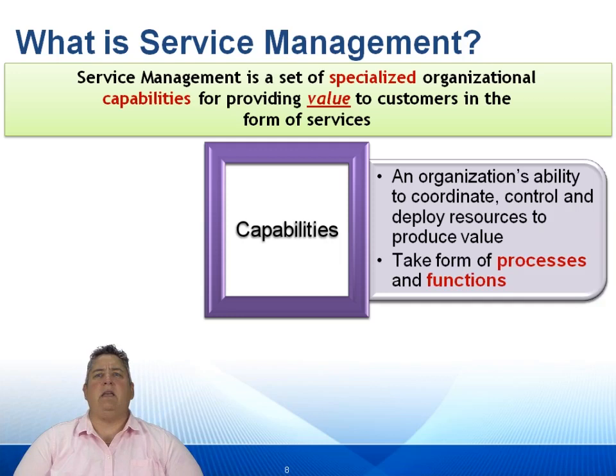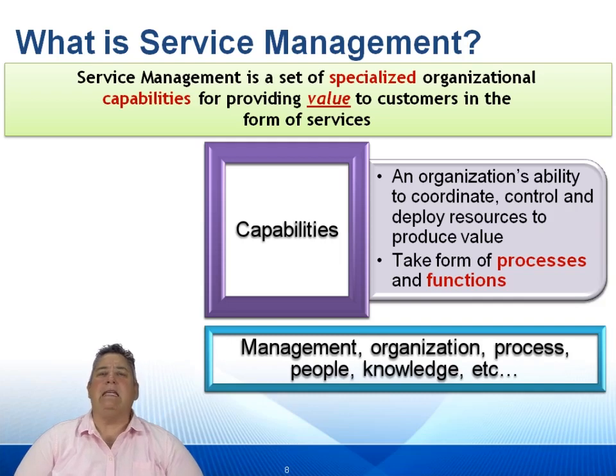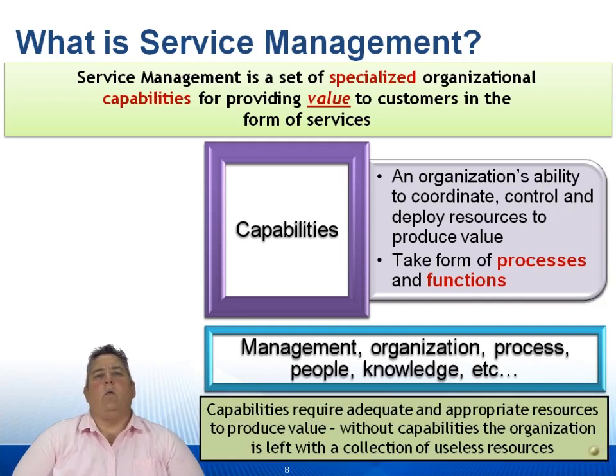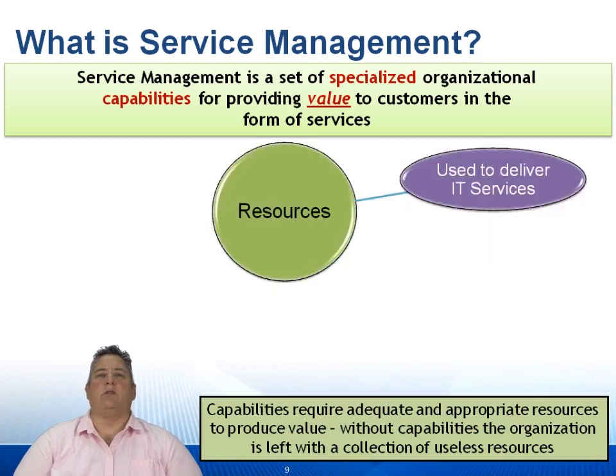It tends to be the concepts around processes and functions, and they tend to be more intangible. It's our management style, how we've organized, the processes that we use, the people, the skills that that person has, and our knowledge.